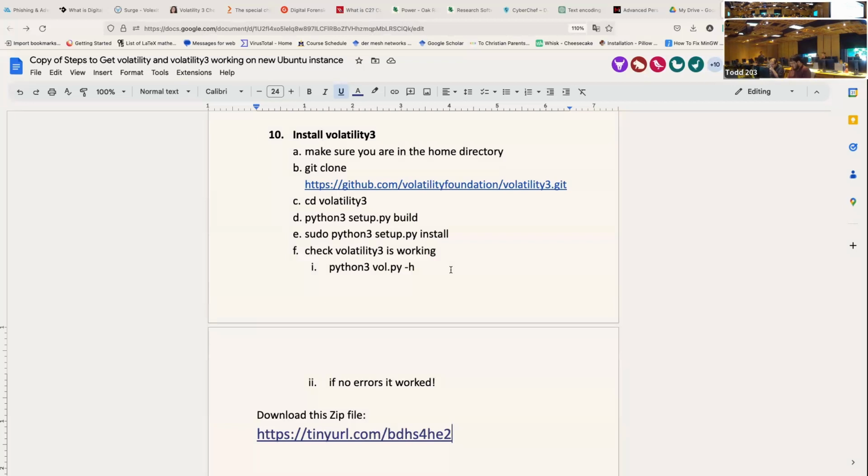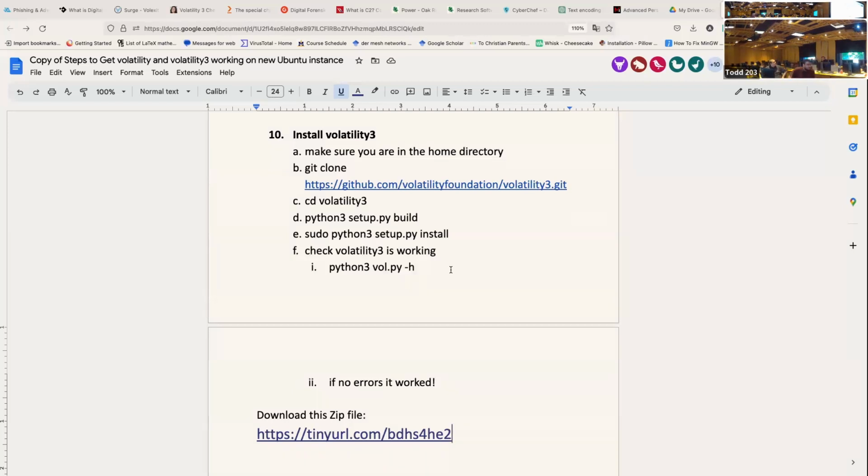Make sure you follow on from that. Who has Volatility 3 installed and has done all these steps?